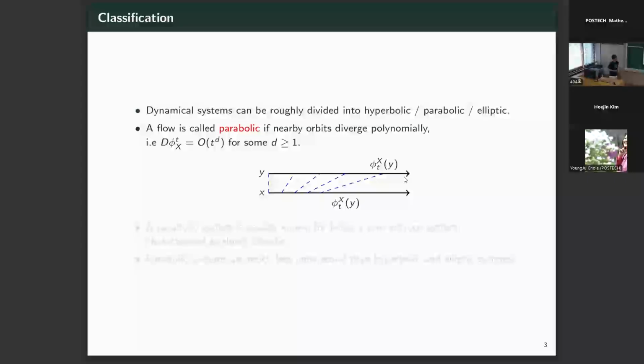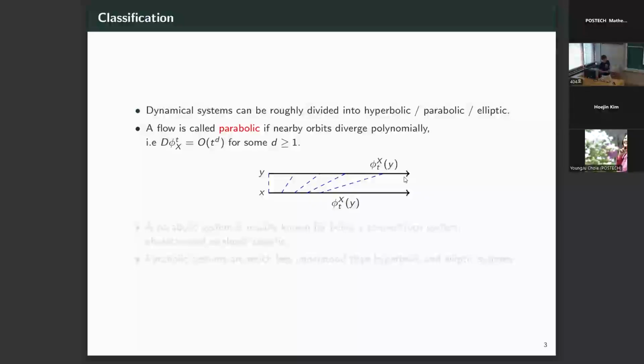In the picture, we have two different points, x and y. If we consider the flow trajectory at the same time t, then the difference of the two points grows in a polynomial way. This is the meaning of the differential of the flow being big O of a polynomial. A hyperbolic system means the difference of two points grows exponentially. And elliptic means it diverges subpolynomially, growing like a logarithm.